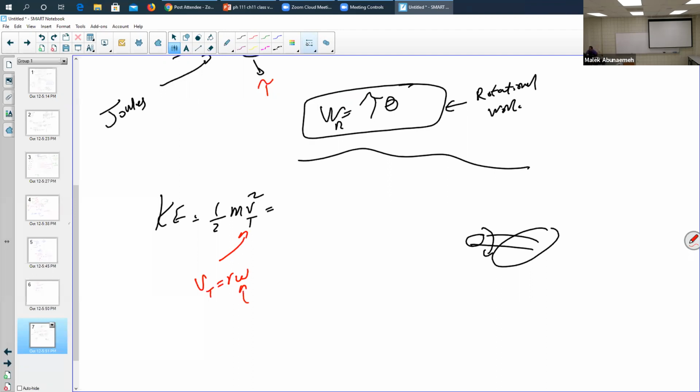And again, omega, that's your angular velocity. So your tangential velocity is your r omega. So that means your kinetic energy is going to equal 1/2 m r squared omega squared.